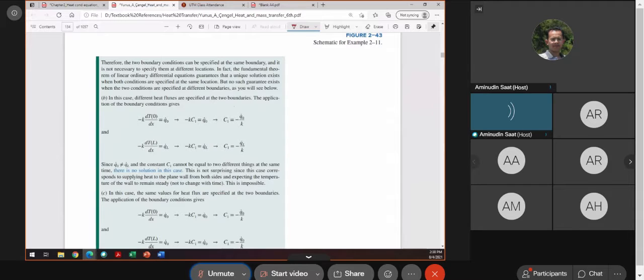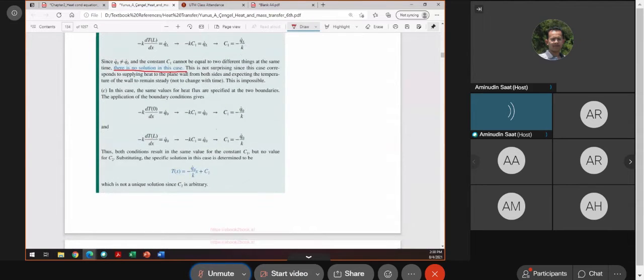This means the second condition cannot be solved. For C, this is the temperature distribution for that boundary condition. Even though your general heat conduction equation is the same, if your boundary condition is different, you might get a different temperature variation across the wall thickness.